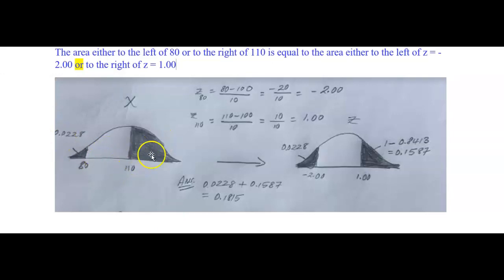Now the area to the right of 110, the table will give us the area to the left when we look for the z-score 1, right? It will give us the area to the left side. We don't want the area on the left side, we have to get the area on the right side, so we must do 1 minus that area, right? So when we calculate the z-score for 110, the z-score is 1.